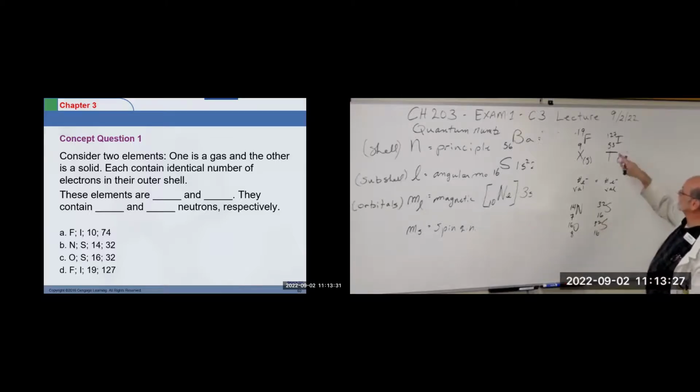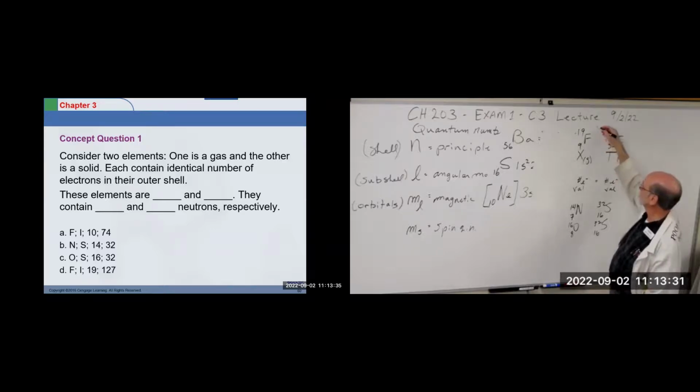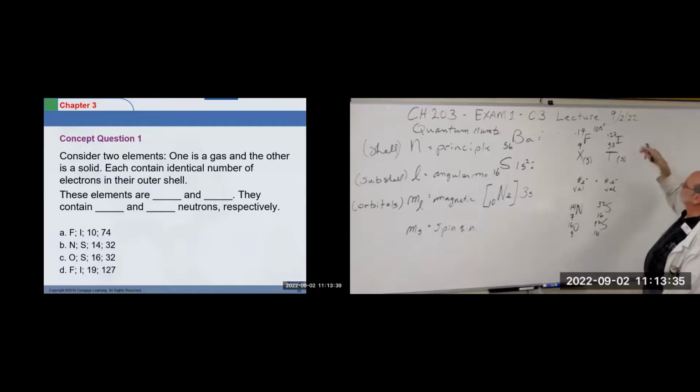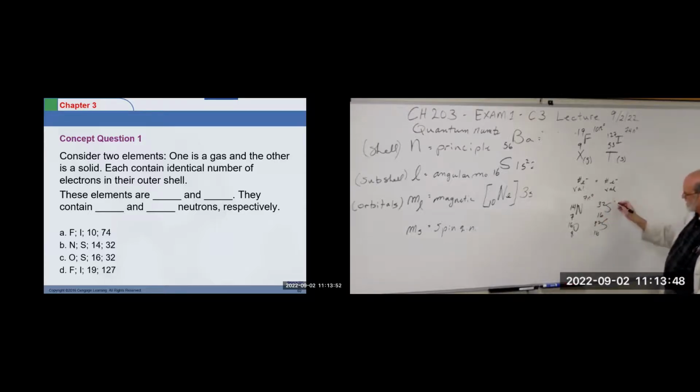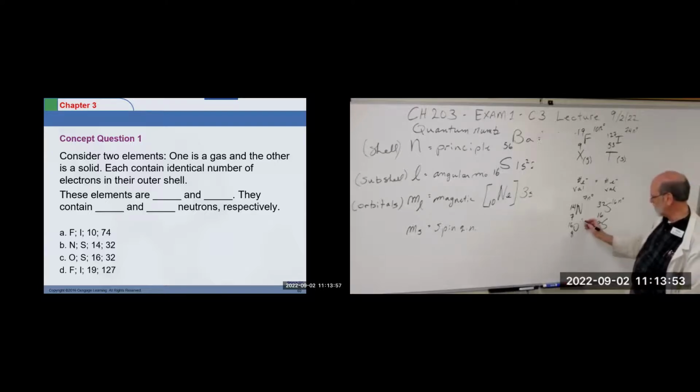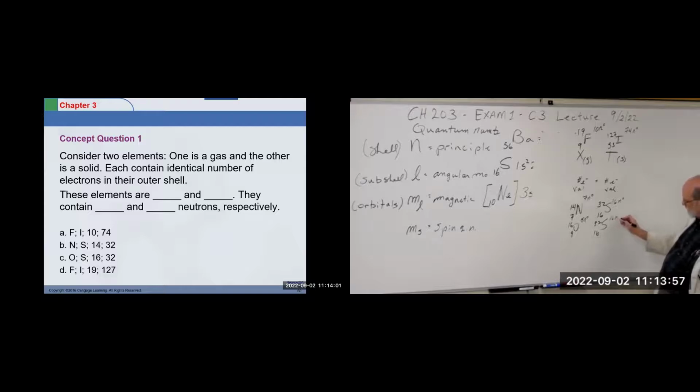Okay, so how many neutrons do we have here? 10. How about this one? 74. Is that right? How about this one? 7 neutrons. This one is 16 neutrons, right? And this one should be 8 neutrons. And this one would be 16 neutrons again.